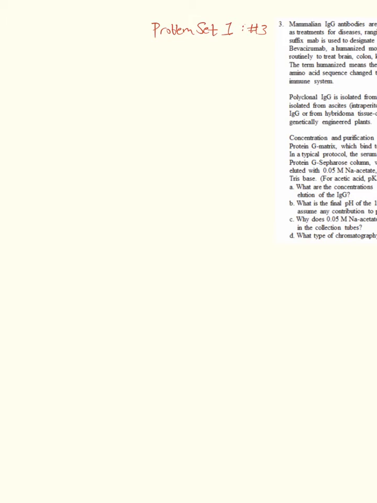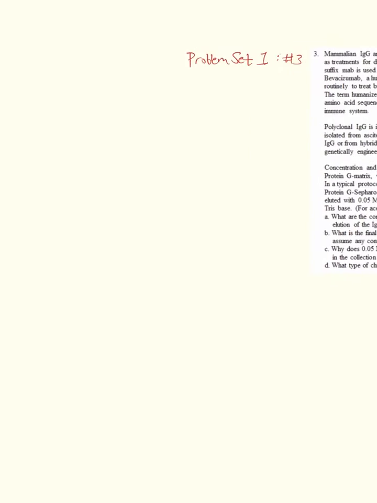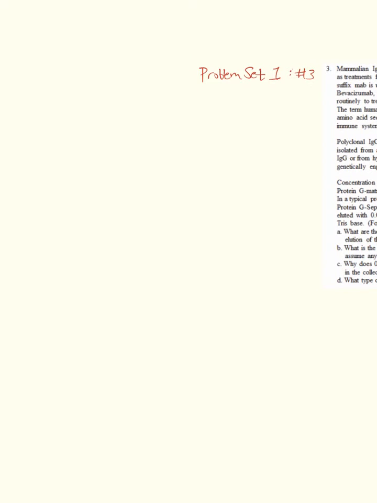So basically we start at serum, okay? So this right here is serum. And serum has a bunch of different kinds of proteins and other molecules, but we're focused on targeting one specific antibody, which is IgG.